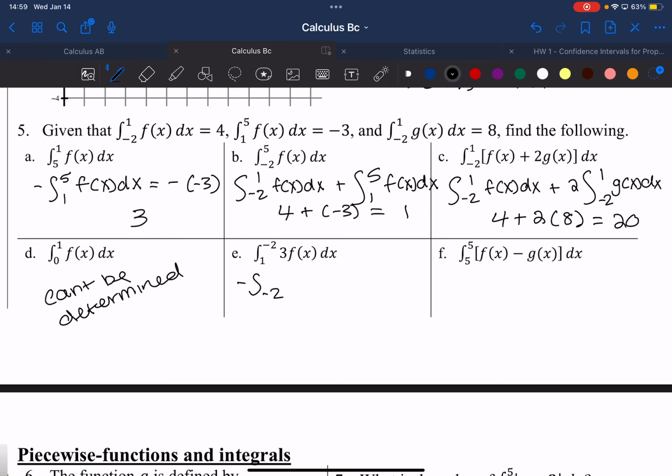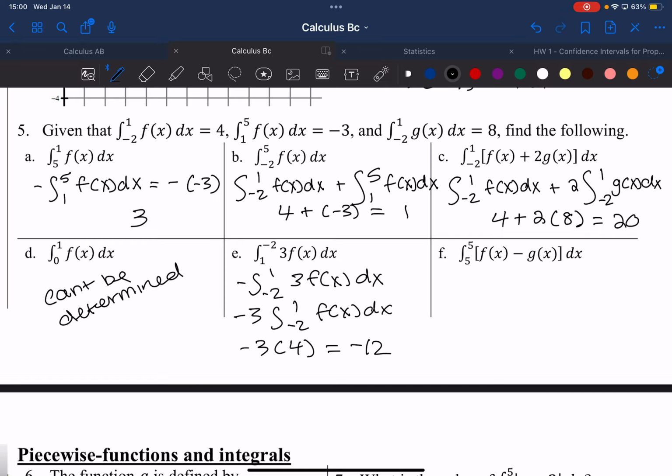So we make this a negative integral to -2 to 1, 3. Well, I could have done this in one step, but I'm writing it in 2. 3 f of x dx, and then take out the 3. So this is -3 integral -2 to 1 f of x dx. That means this is -3 times 4, which is -12.